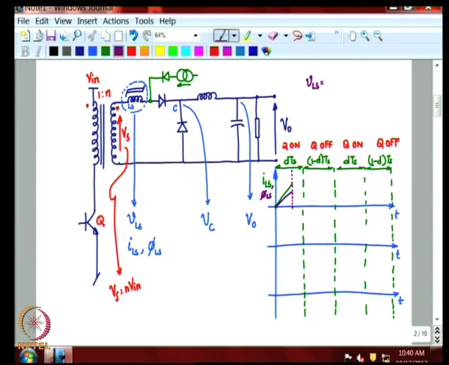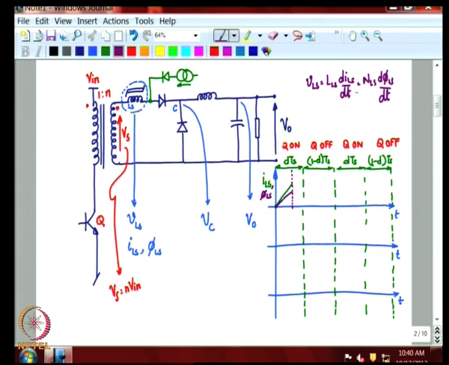VLS is equal to LLS dILS by dt, which is equal to NLS, the turns of the winding, d phi LS by dt.